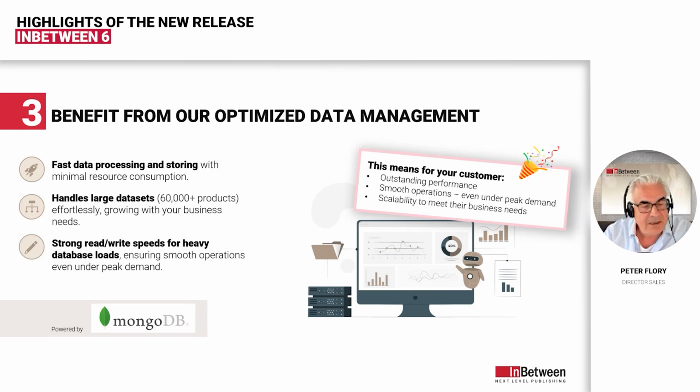This can handle very large data sets, and it's very strong in terms of read-write speeds, specifically for heavy database loads. So when we're talking 1,000 pages in 20 languages, then generation times will be significantly lowered with this new approach.